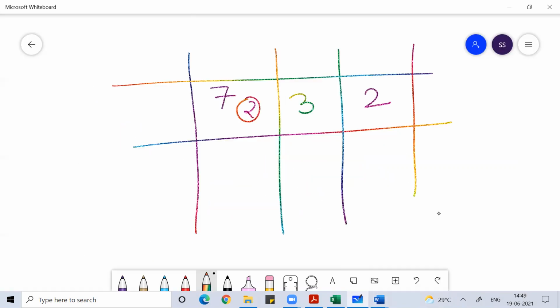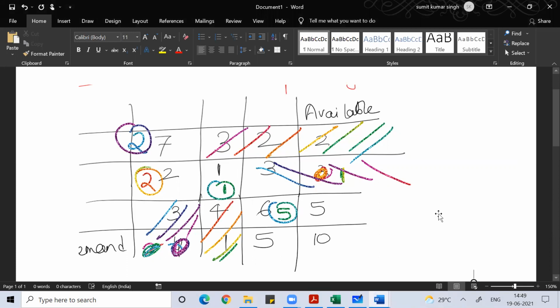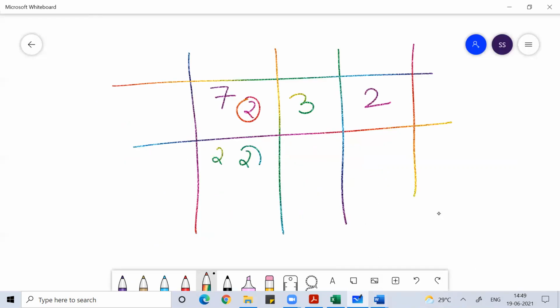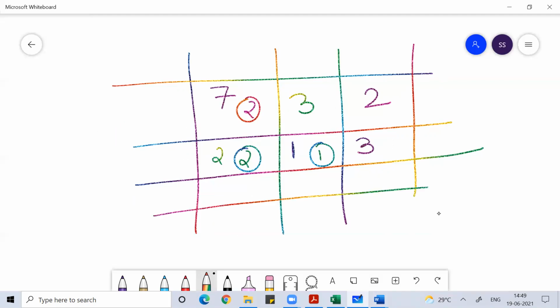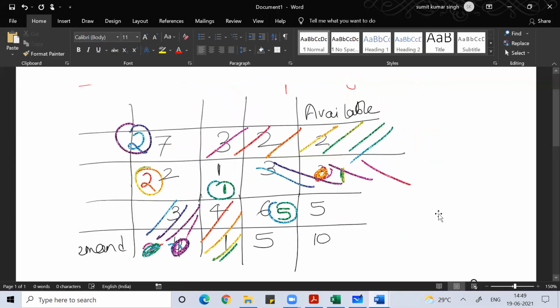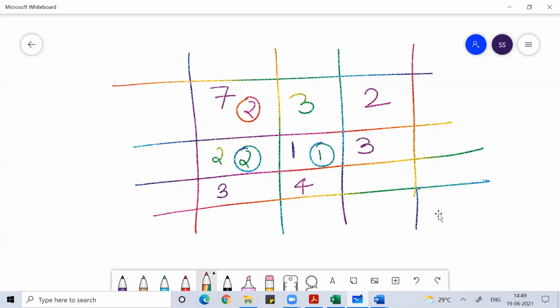Once you get the optimal solution, total supply and total demand don't make much sense here. Then 2, 2, then 1, 1, then this is 3, then this is 3, then 4, and then 6, this is 5.